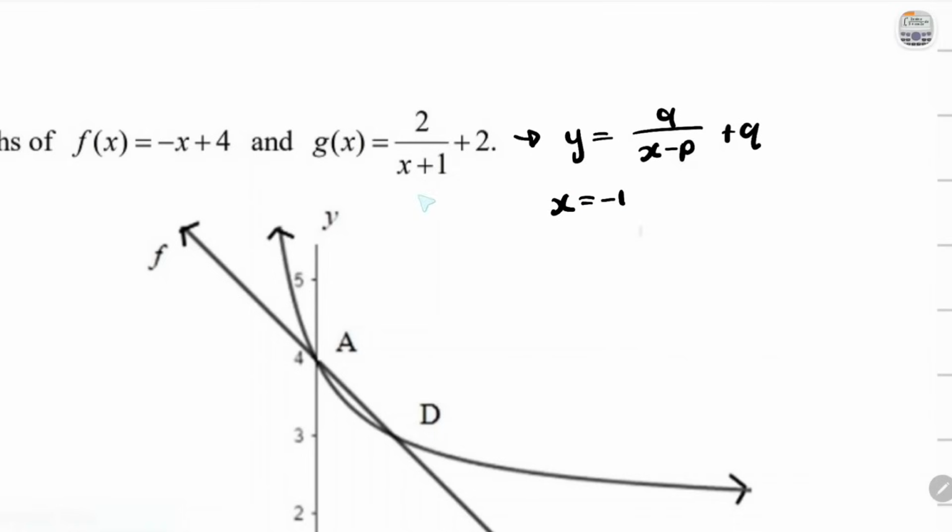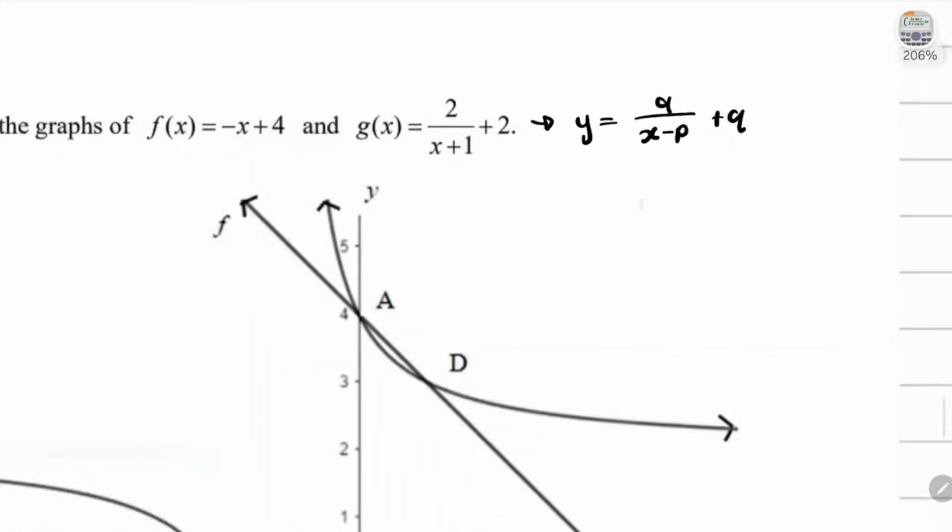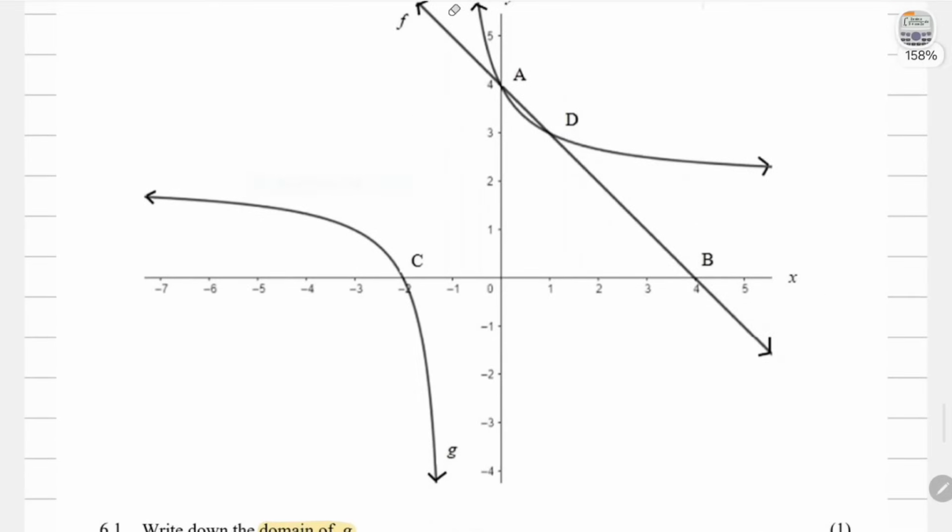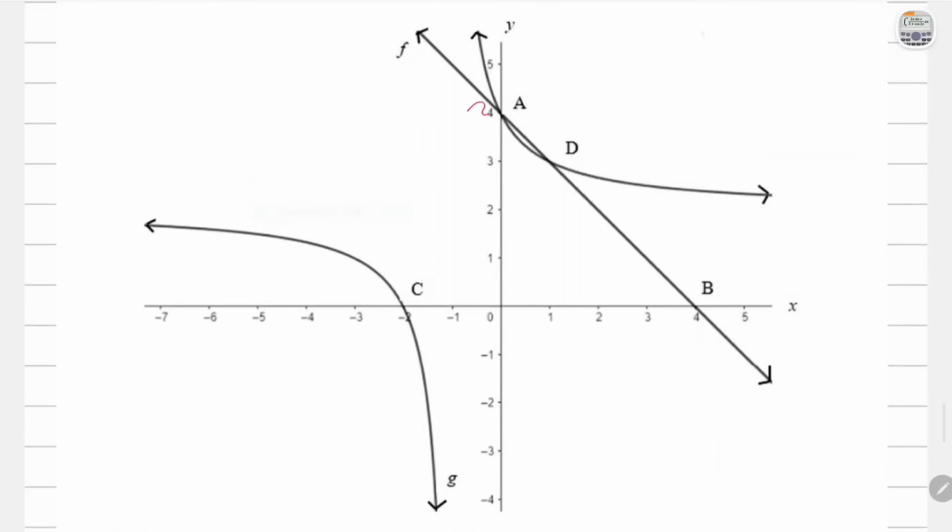Okay, because this is x minus p. For this to say x minus p, it will become x minus negative 1. And so we can see that is our value of p. So what this means is that this graph has a vertical asymptote at negative 1. So it's going to be a vertical line that will pass negative 1.